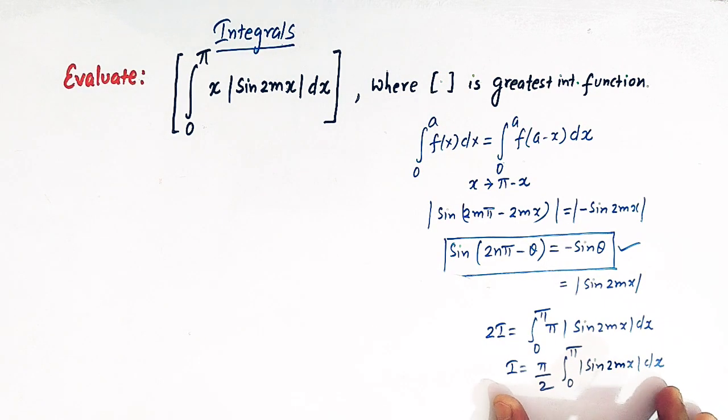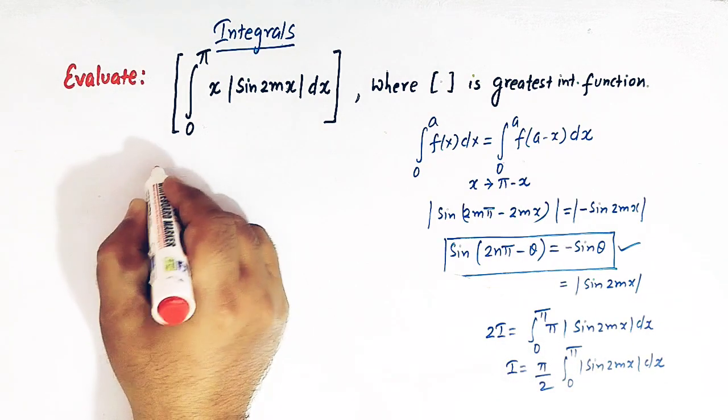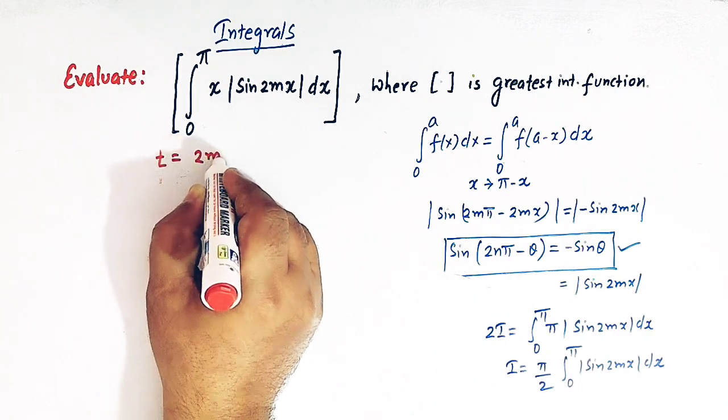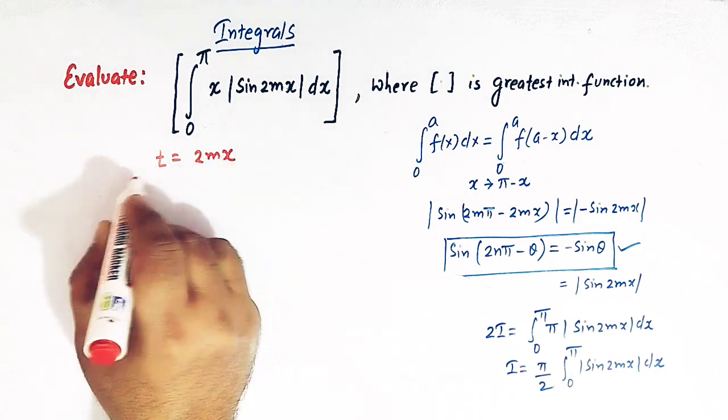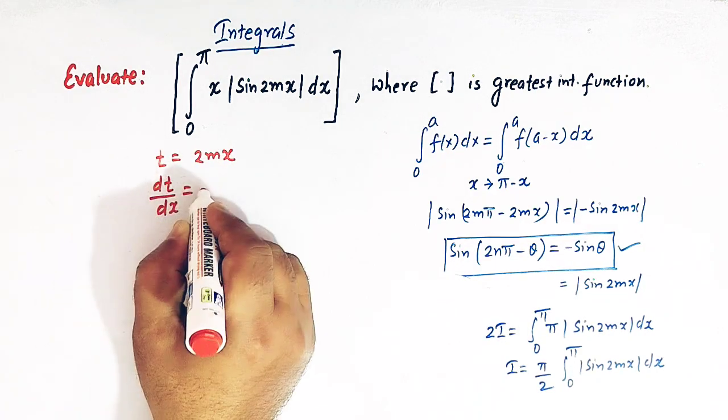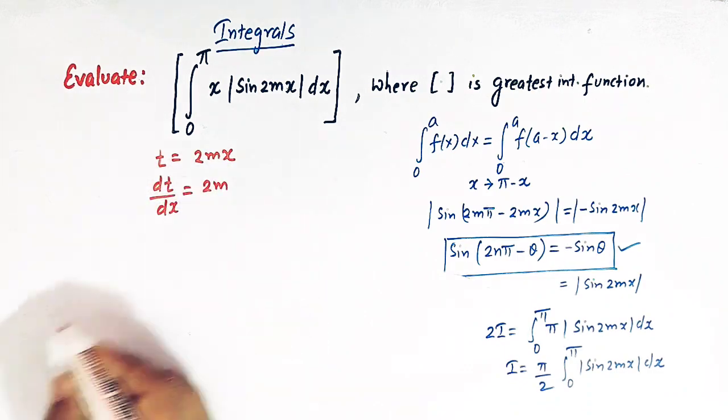So now we have obtained this expression. Let us apply the method of substitution to simplify this integral further. Let us substitute t is equal to 2mx. Differentiating both sides, we have dt over dx is equal to 2m, since the derivative of x is 1.